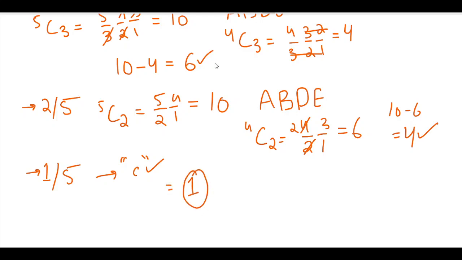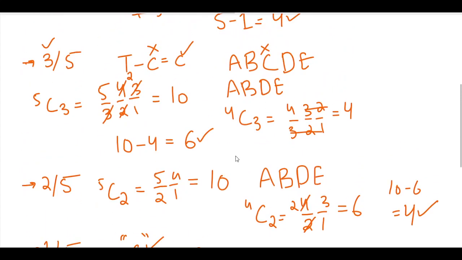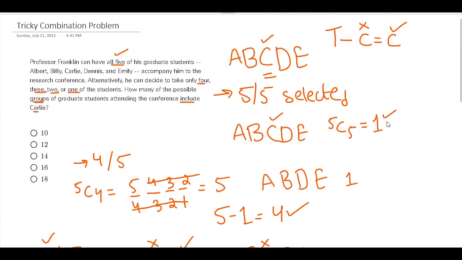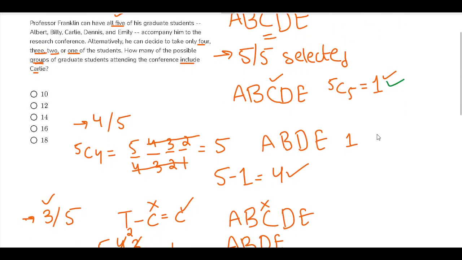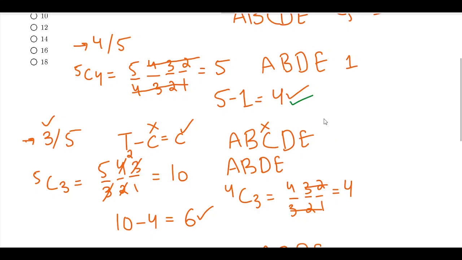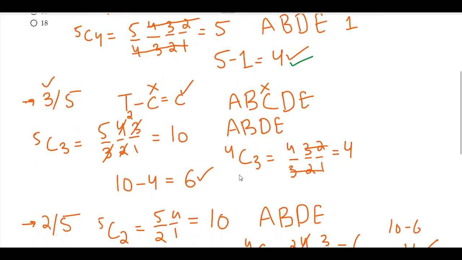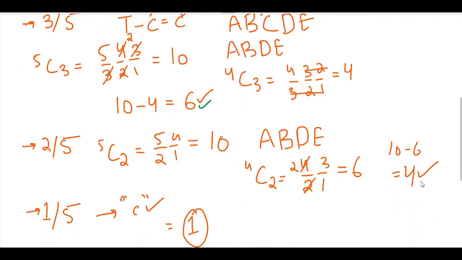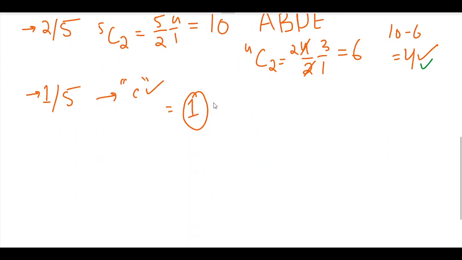So now that I have all my numbers ready, the thing that I need to do is add everything up. First I'm going to add this one, then this 4, then a 6 right over here, then another 4 over here, and then the last one.